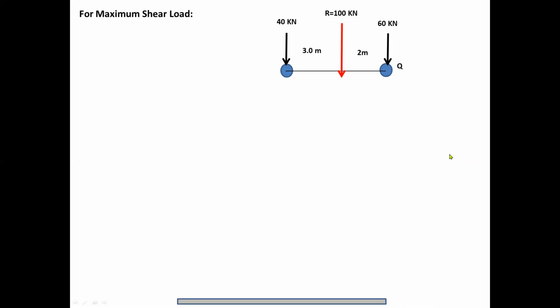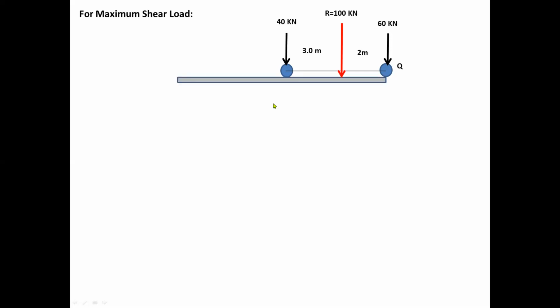For maximum shear load naman, kung paano natin hahanapin, kung yan ang ating mga loading, ang ating moving loads, definitely, first step, yan, di ba yan ang ating mga points, point P and point Q. I-position natin ang ating mga moving loads sa pinaka-right, okay, sa pinakadulo.